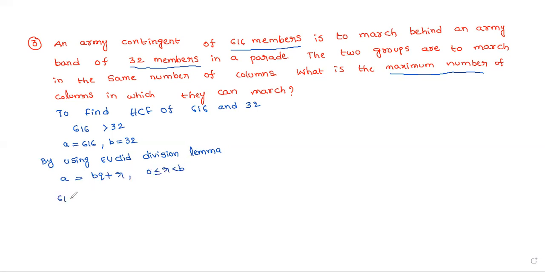To find the quotient value, 32 into 616. 32 times 9 is 288, and 32 times 19 is 608. The remainder is 8.